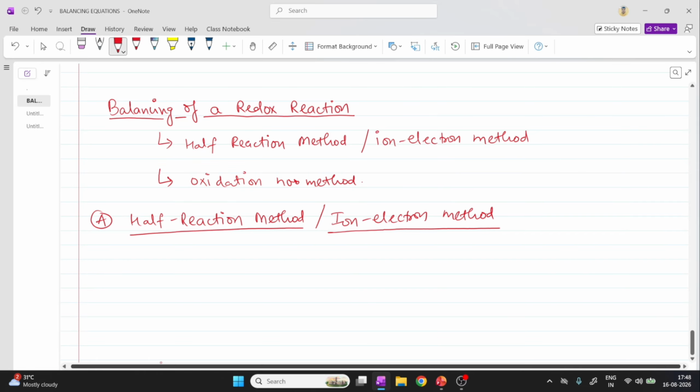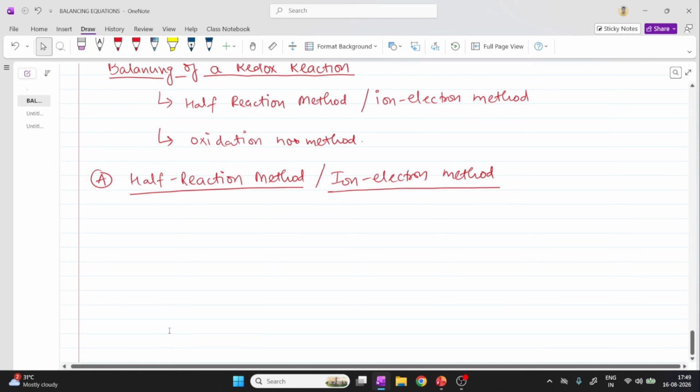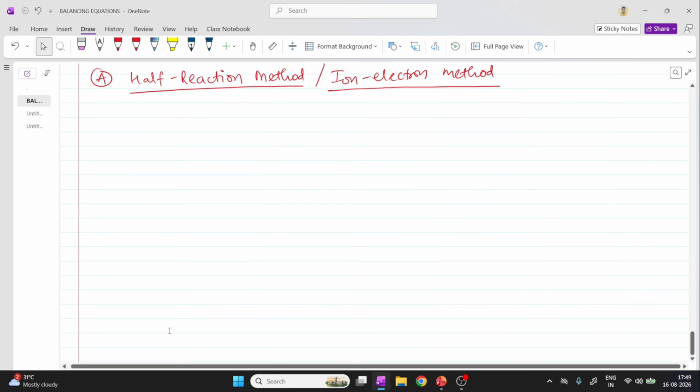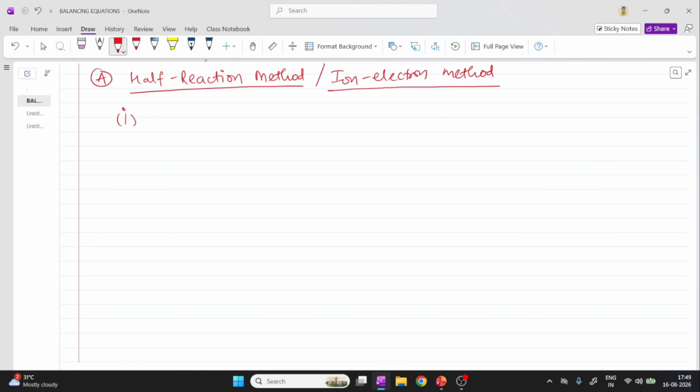So let us discuss it. I will write the reaction first. Suppose I have one reaction, which is again an NCERT question: MnO4 minus plus I minus gives MnO2 plus I2.